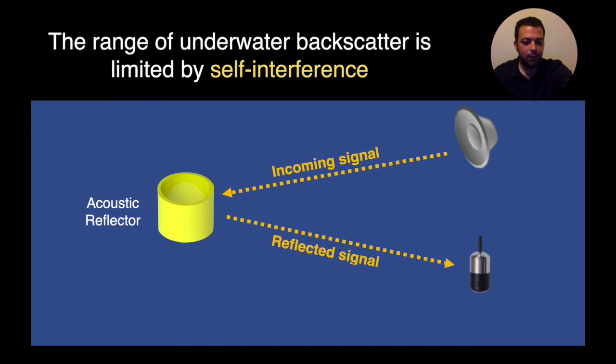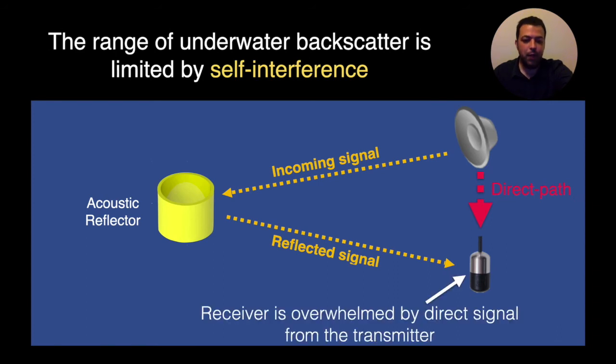In fact, we have another signal which goes directly from the transmitter to the hydrophone, and it has a much stronger amplitude compared to the backscatter signal that has gone all the way to the backscatter node, reflected, and been received back at the receiver. And because of the presence of such a strong signal, it will overwhelm the receiver, and we won't be able to differentiate and detect the backscatter signal.